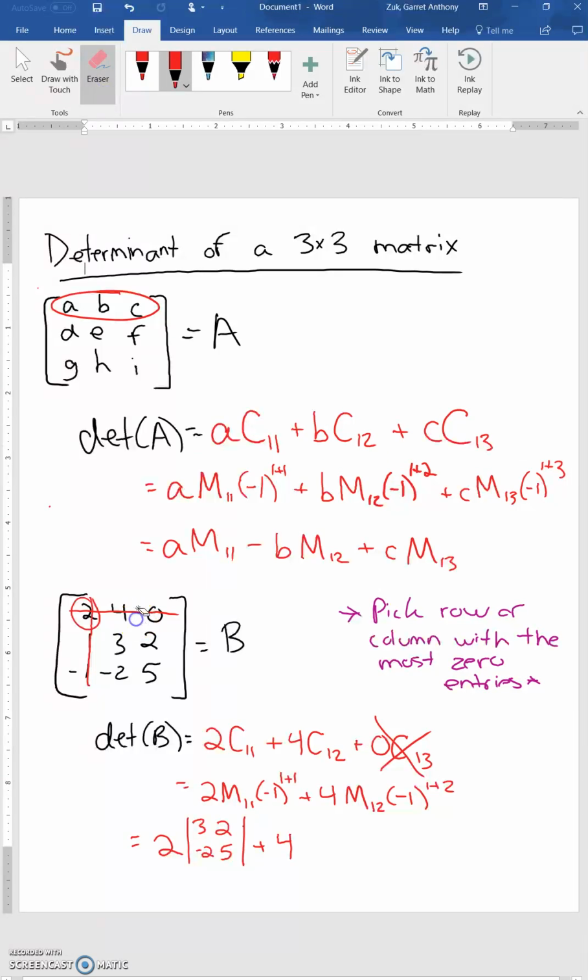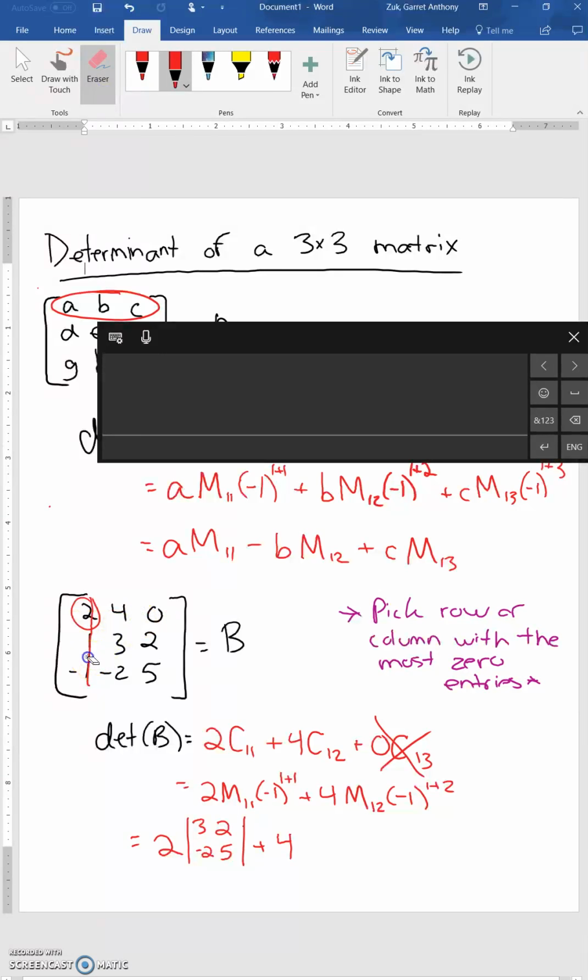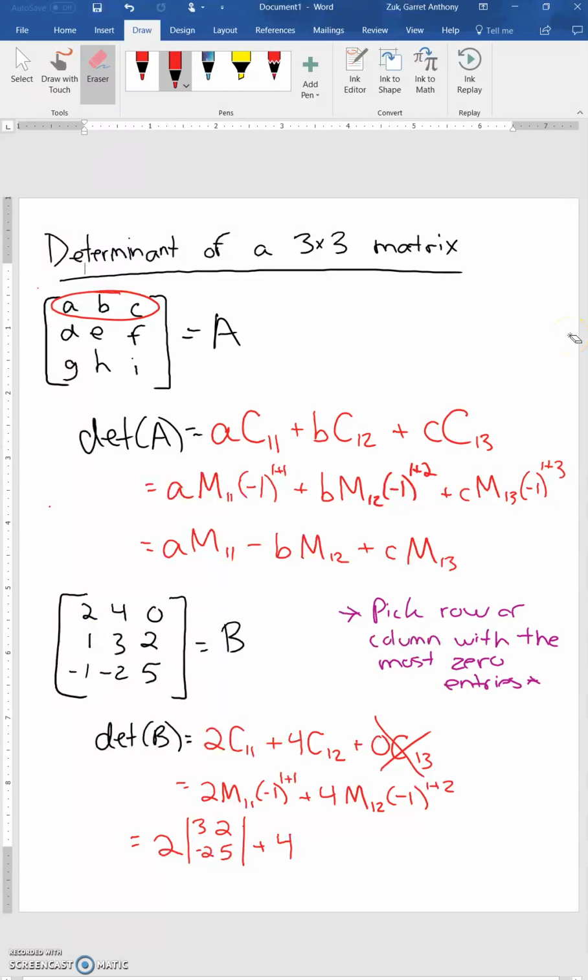Now this time we're looking at this entry, so we're eliminating the first row and the second column. So we've got this 2 by 2 matrix, 1, 2, -1, 5. And lastly, we use what we know about the determinant of a 2 by 2 matrix. We just evaluate this last bit.